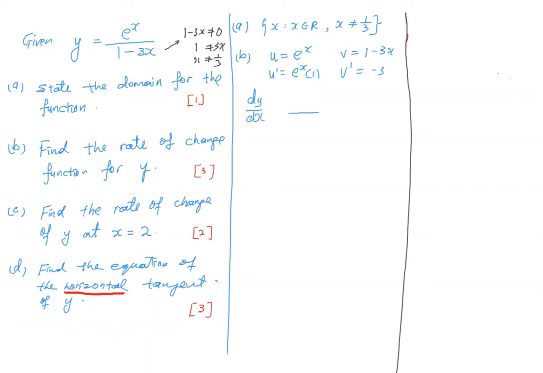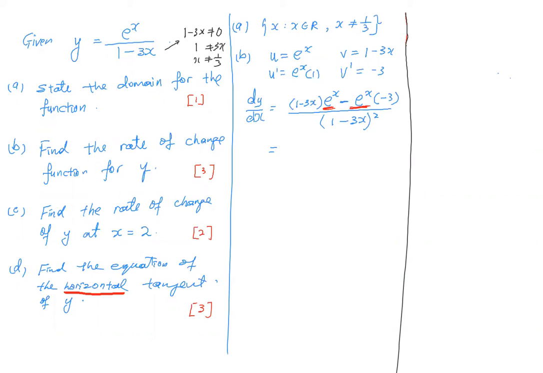So it's a fraction. As long as the u or the v is more than one term, you better bracket it up. U prime v minus u v prime, the whole thing divided by v squared, correct? So now you factorize out the common factor.